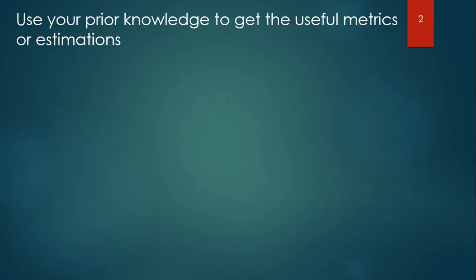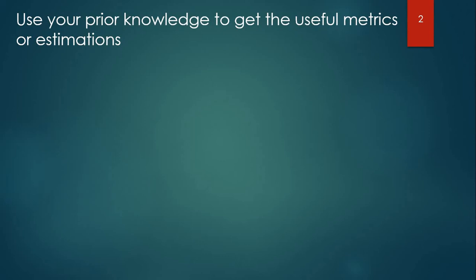Moving to the second part, which is to use your prior knowledge to get useful metrics or estimations. If you remember, in the previous class we talked about two major parts of solving a guesstimation problem: the first being prior knowledge, which comes very handy in solving these problems, and another being some reasonable calculation which we do on top of this prior knowledge.